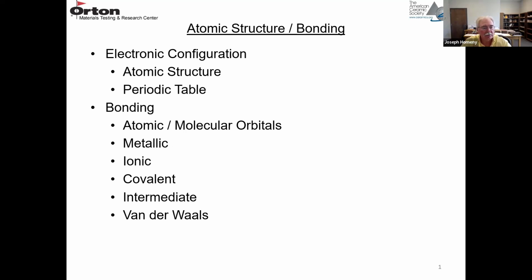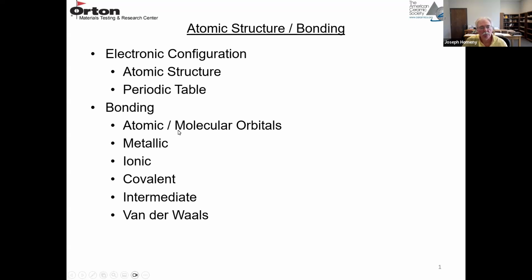But the next 7 lectures are on basics from atomic structure and bonding to crystal structures to phase diagrams. So that gives us the basics for all the refractory compositions. Today we have electronic configuration, which is atomic structure and a little bit on the periodic table, and then the types of bonding.